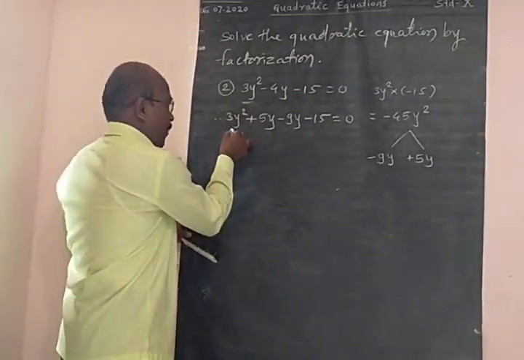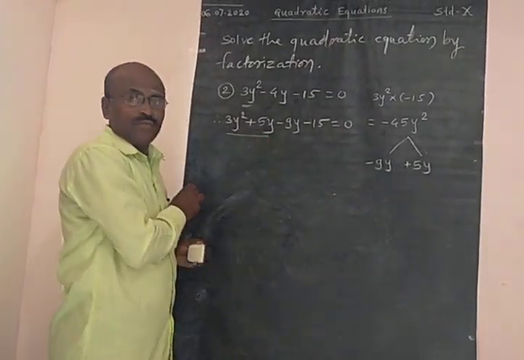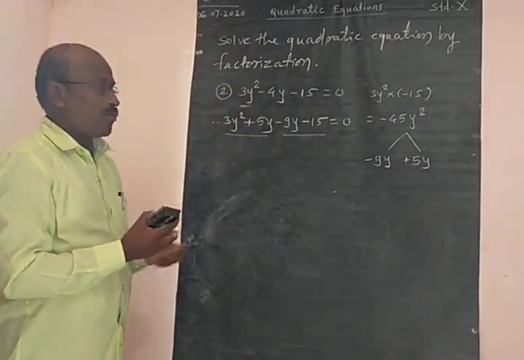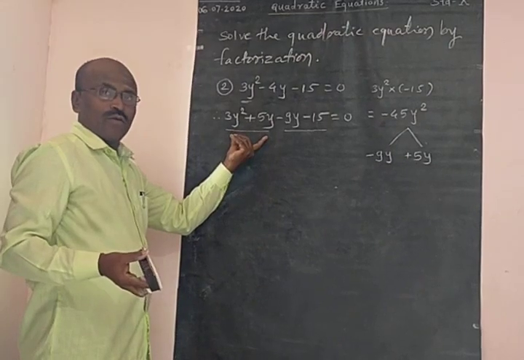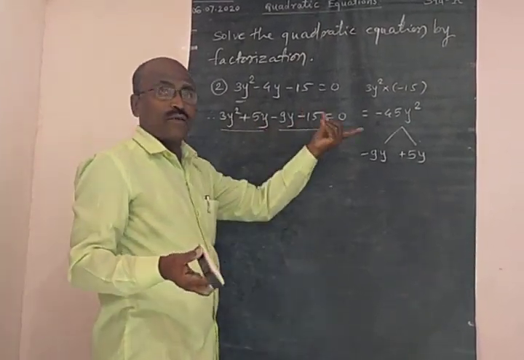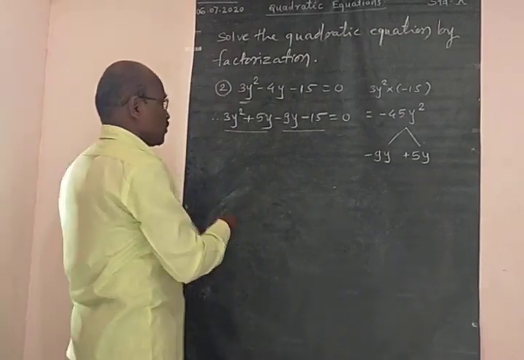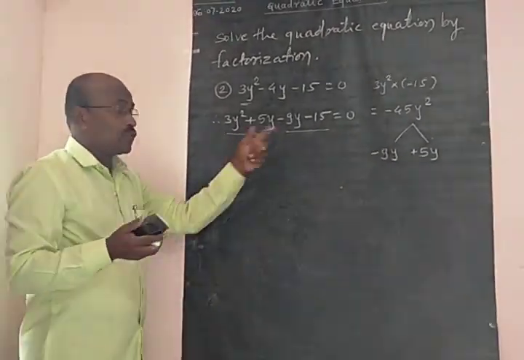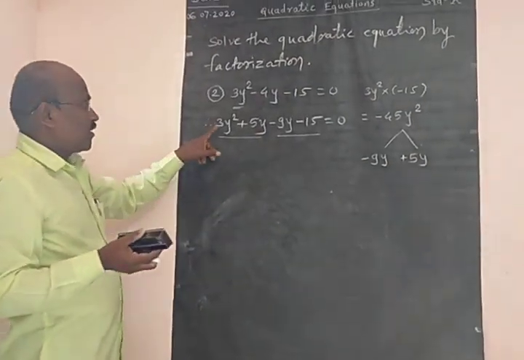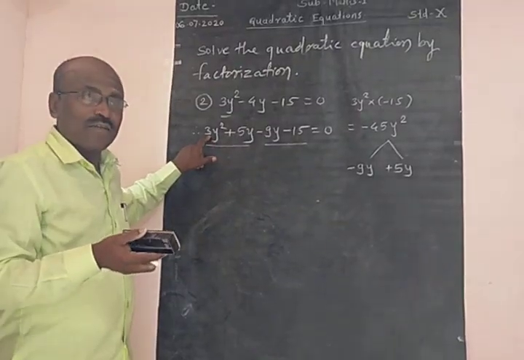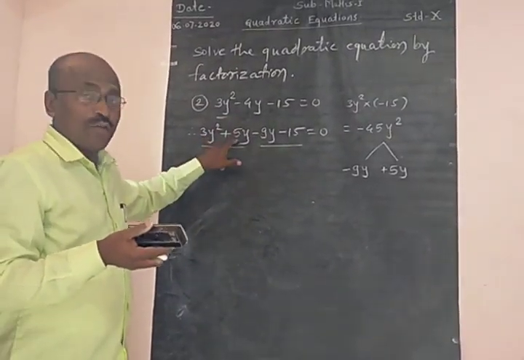Again make two groups here. These are two groups. The first group is the first two terms and the second group is the second two terms. So again here take the common factors from each group. First of all, in this first group there is a coefficient 3 of y square and here is 5.